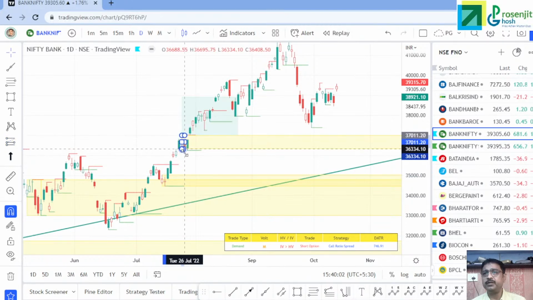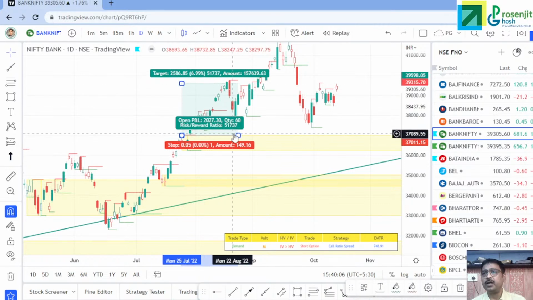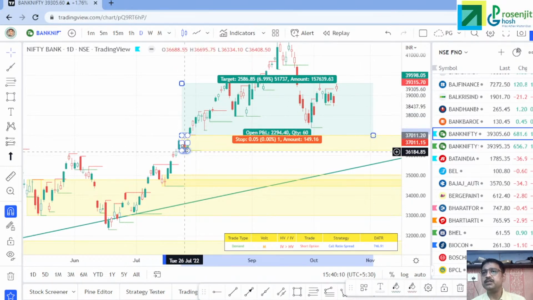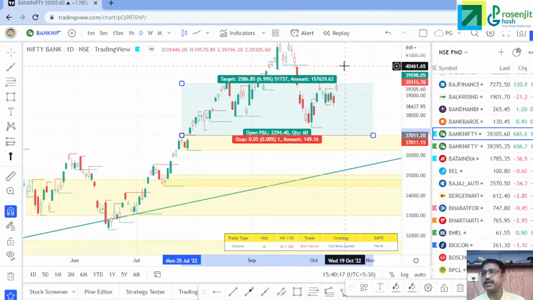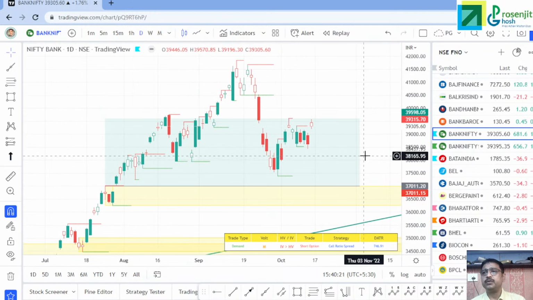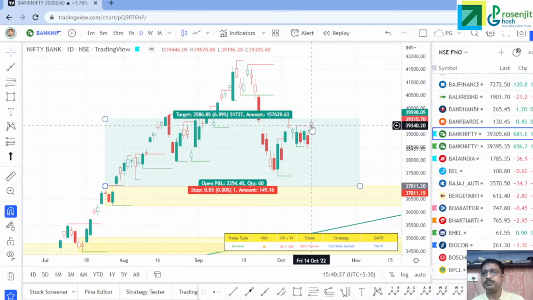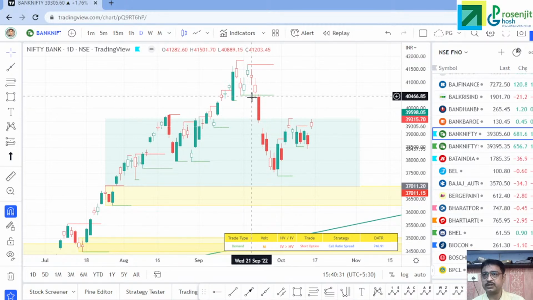If I build my entry, my stop loss, and my target, I have not got the fill yet for this level. This is a very important level, and I think if tomorrow price comes down to this, I will be happy and I can take a long trade. But as said, I think this gap up will take the price up further, at least to this area.